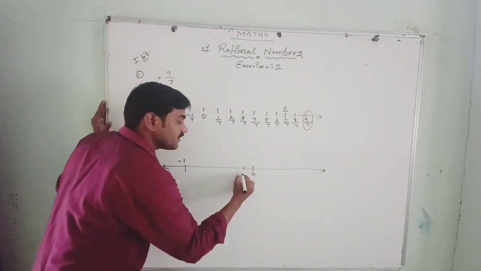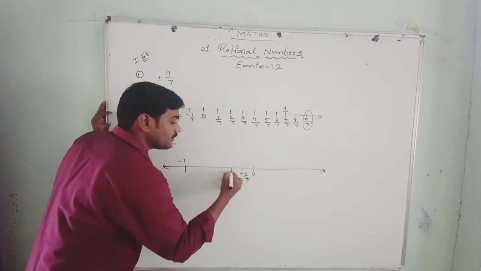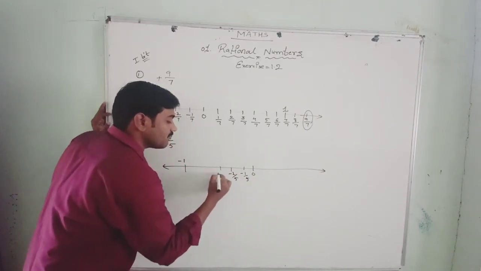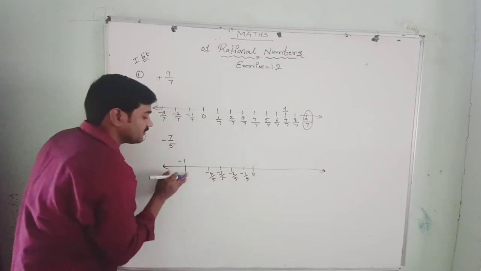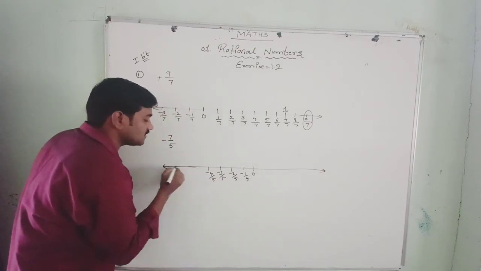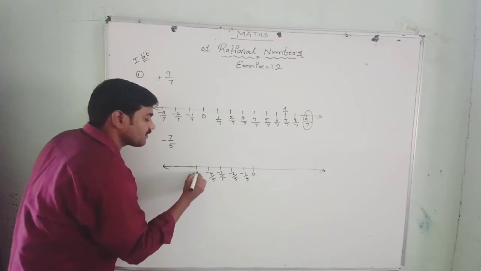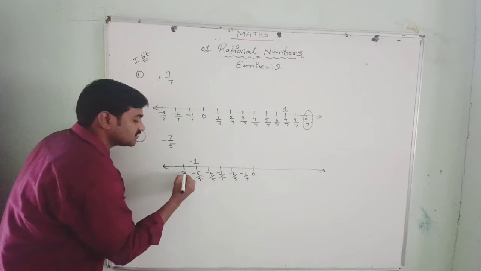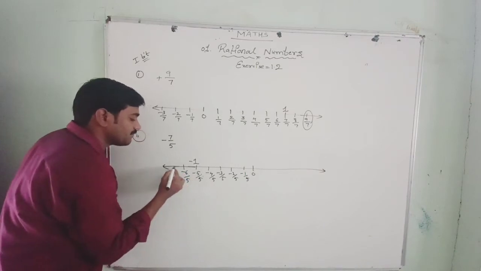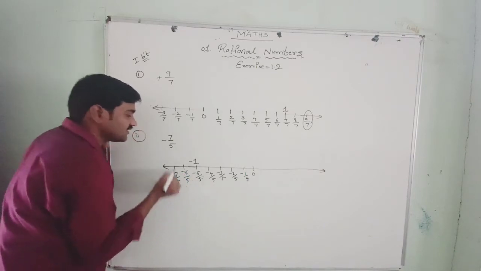Here -1/5, -2/5, -3/5, -4/5, -5/5. -5/5 is nothing but -1. Next, -6/5, -7/5. This is what we need to represent.